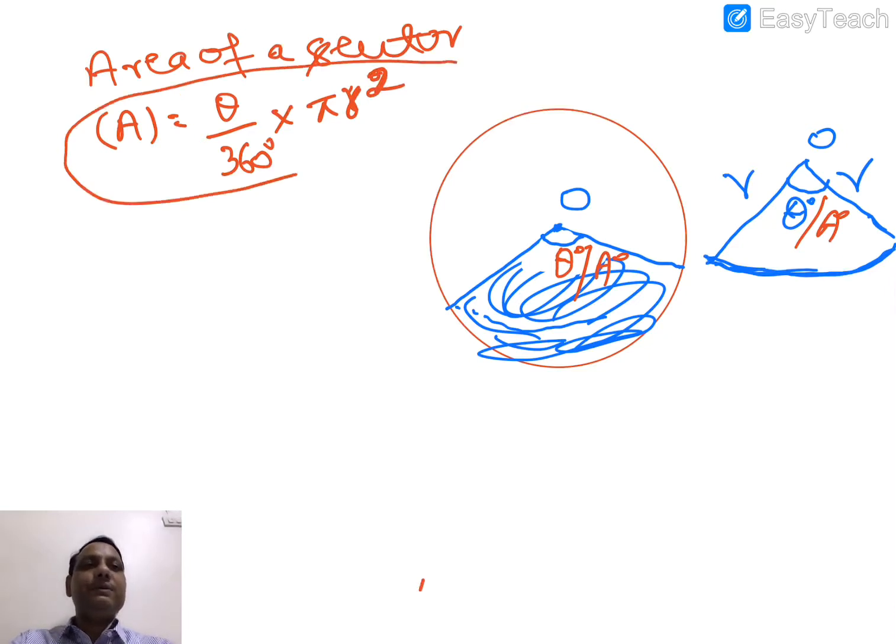This is the first formula, called the area of the sector, and generally people know that the area of a circle is pi r squared.